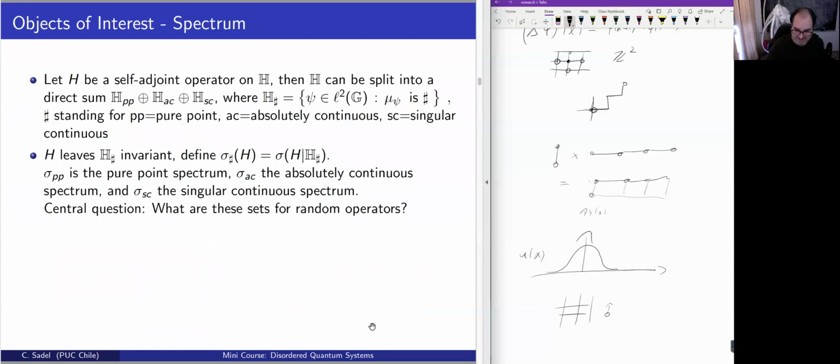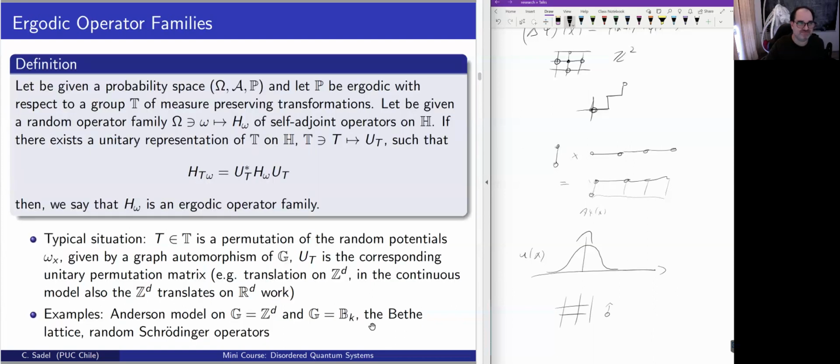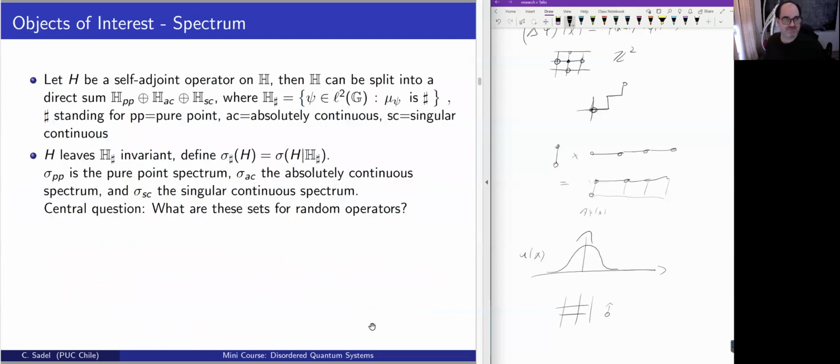Now, ergodic families have some nice properties that I will mention in a bit. Before that, let me introduce the objects of interest that we study. The main important thing is of course the spectrum and the spectral types.